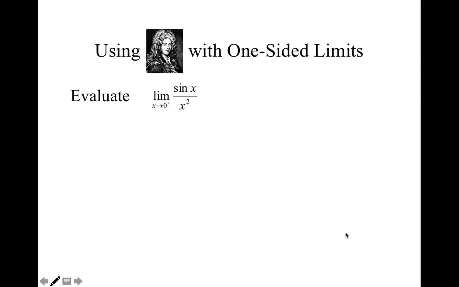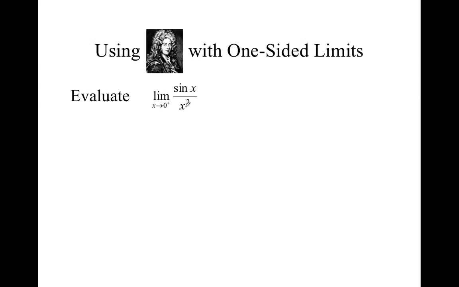Now I'm going to talk about using L'Hopital with a one-sided limit. So sine x over x squared, I only want you to evaluate the limit as x approaches 0 from the right. But I kind of ignore that at first. The first thing I do is plug in 0.